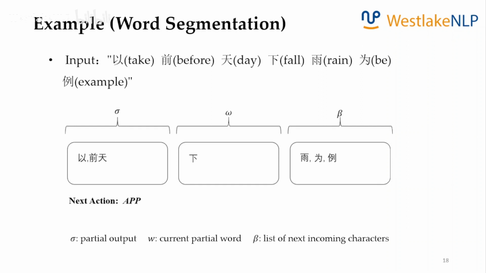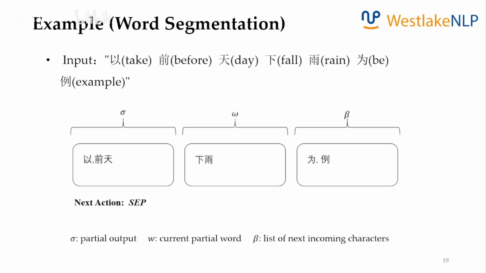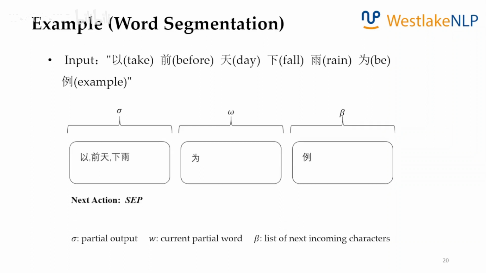Right? So similarly, the next action will be append, because the 5th character and the 4th character form 下雨, which means rain. Right? And then the next action is separate. We shift the 6th character onto the buffer.